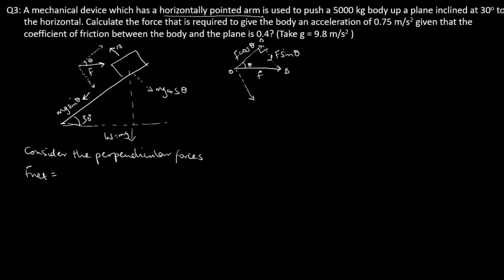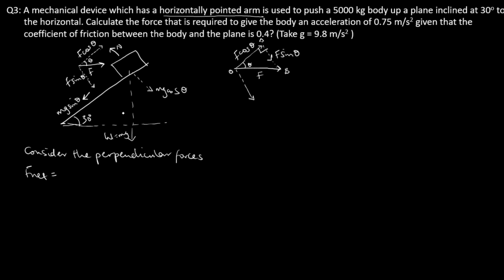With that in mind, you would have your F sine theta as AB and F cos theta as OA. So let us write them out here. The component of the force applied which is parallel to the plane is F cos theta, while the component which is at 90 degrees to the plane, which is perpendicular to the plane, is F sine theta.